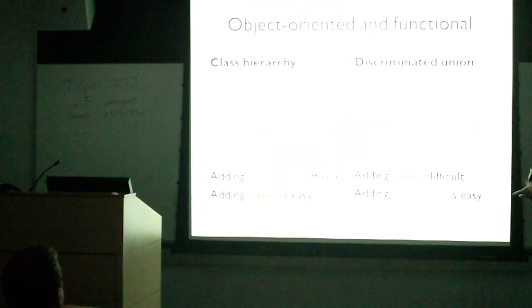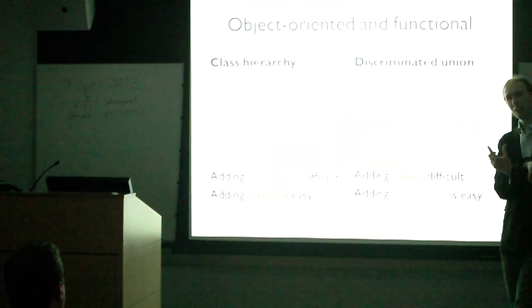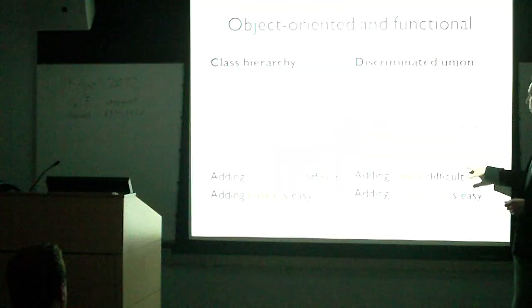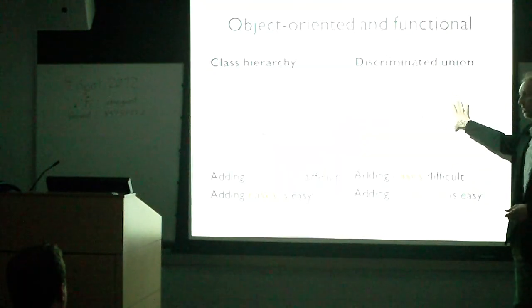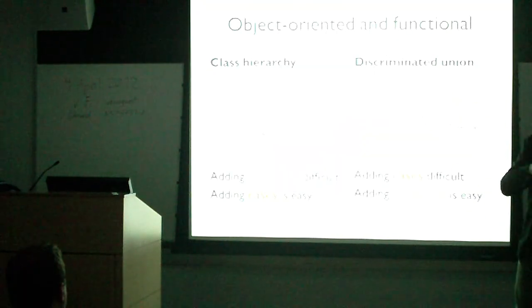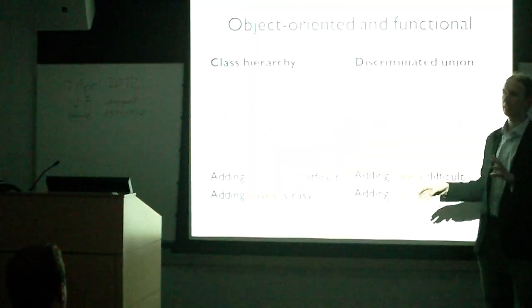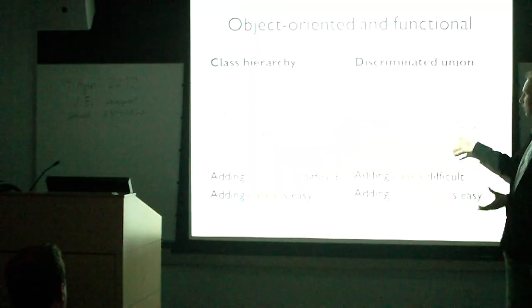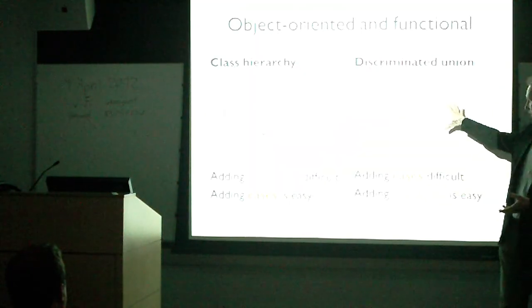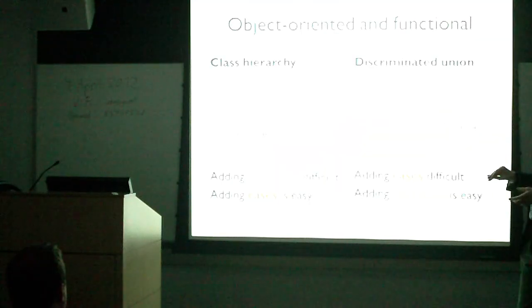On the F# side, this is completely the other way around. So once you define the type, you can write functions that use it really easily, just by pattern matching on the cases, and we'll see that later on.